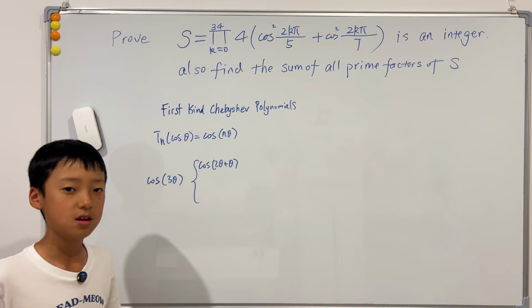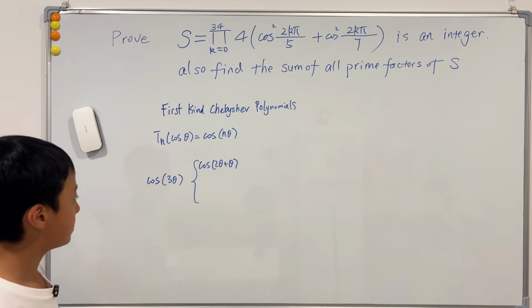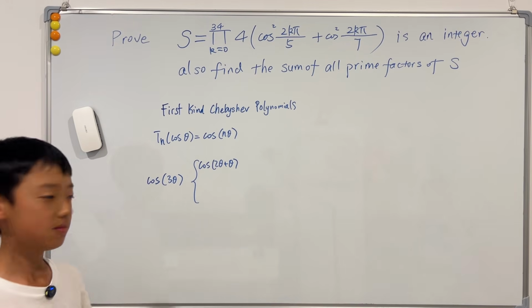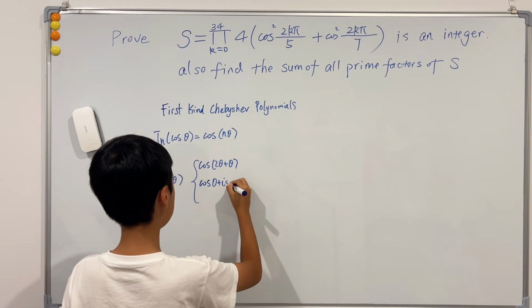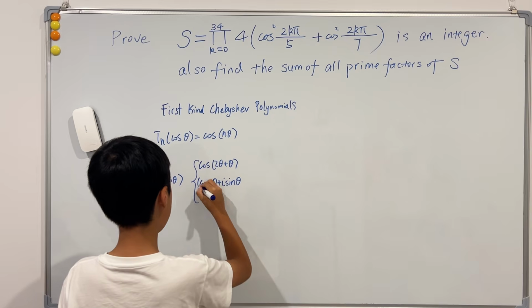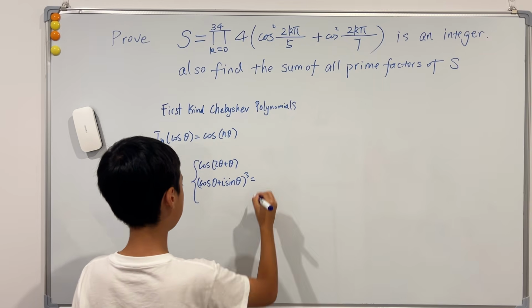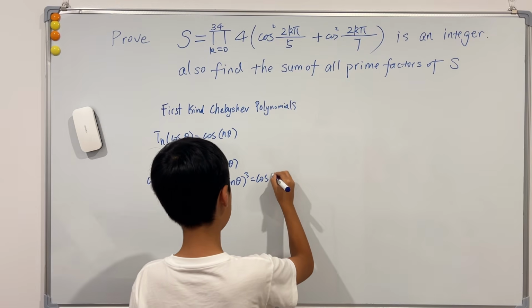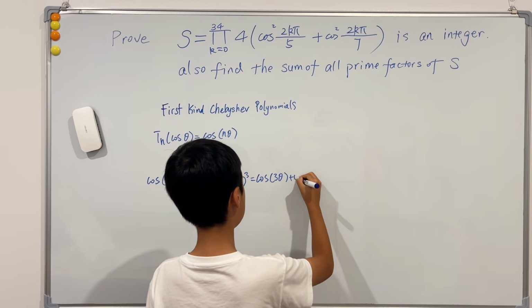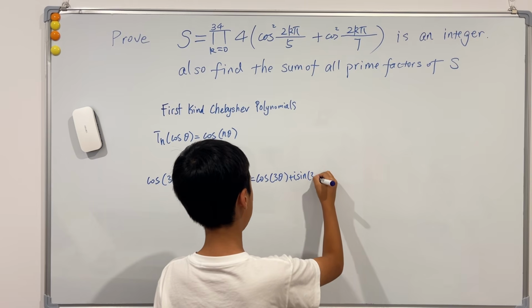Now, the second way is a bit more complex, and that is using De Moivre's theorem. So we first have cosine theta plus i sine theta, and we have to raise this to the power of 3, and using De Moivre's theorem, this is equal to cosine of 3 theta plus i sine of 3 theta.